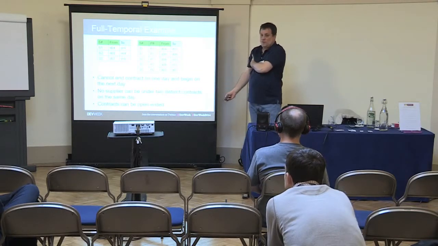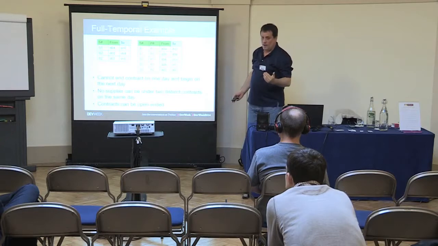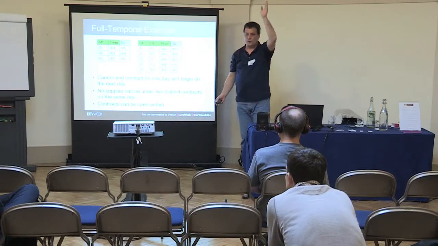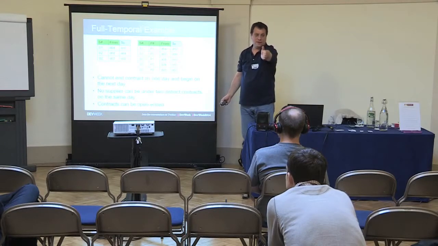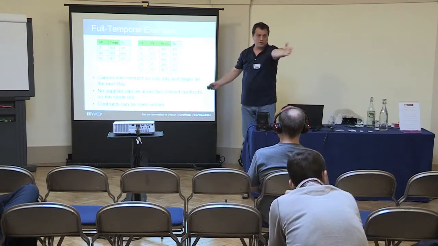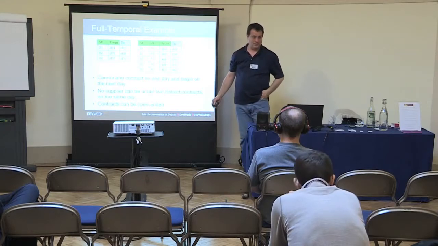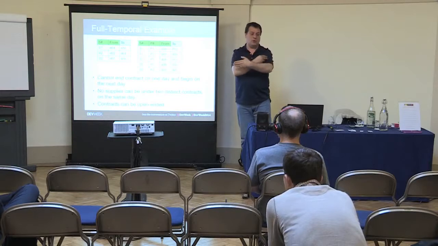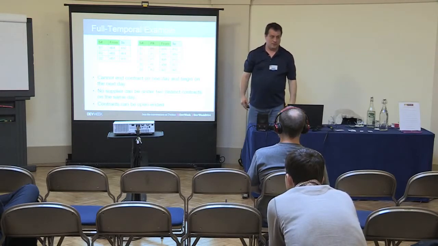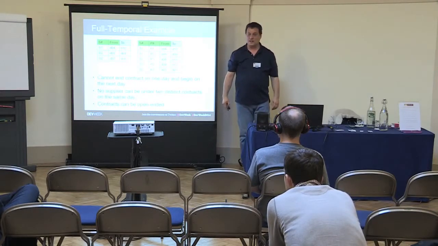One possible constraint would be that I don't want to have the same supplier under a contract that finishes at one time point and the next contract starts immediately in the next time point. This should be one contract, let's say. Also, I don't want to have overlapping contracts. I want to have a supplier under a single contract in a single time point.